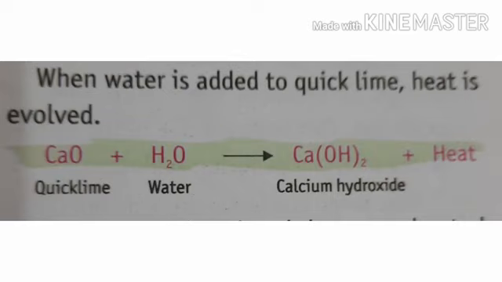In the equation, quicklime or calcium oxide reacts with water to produce calcium hydroxide as well as heat. So in this reaction heat is given off or evolved.